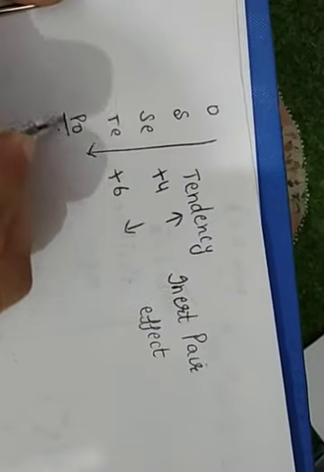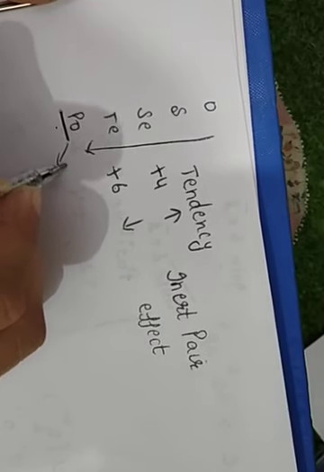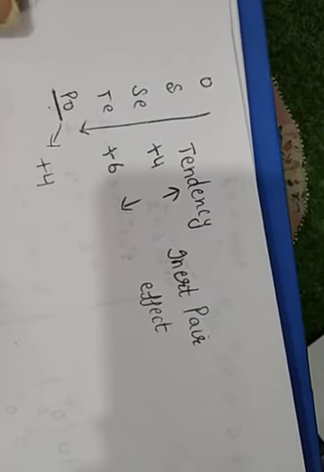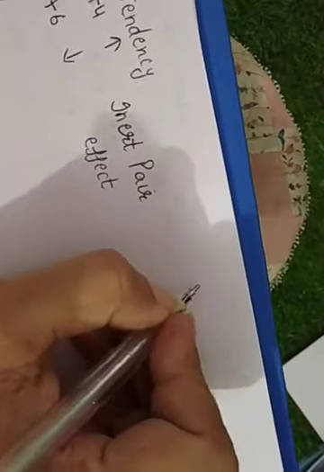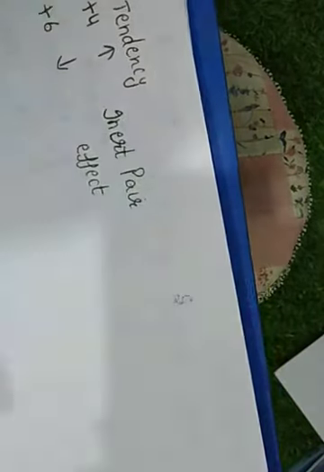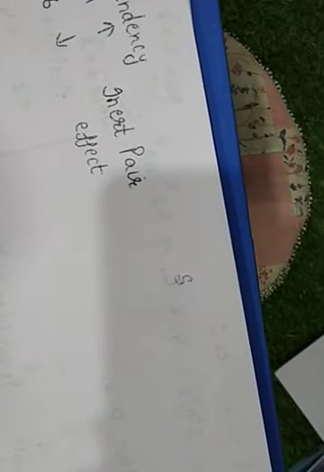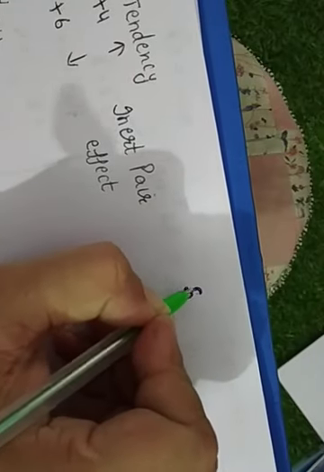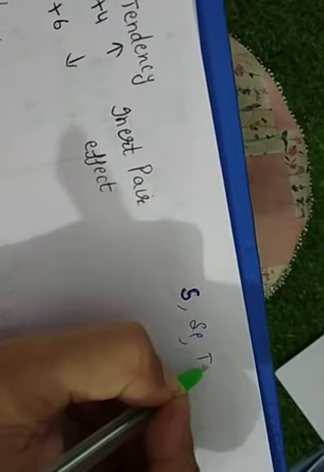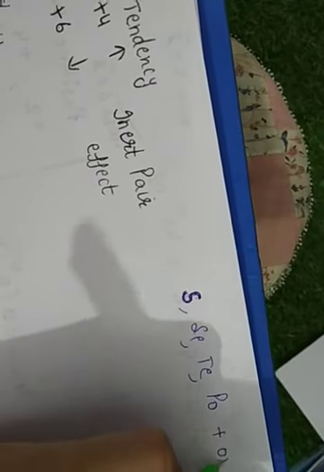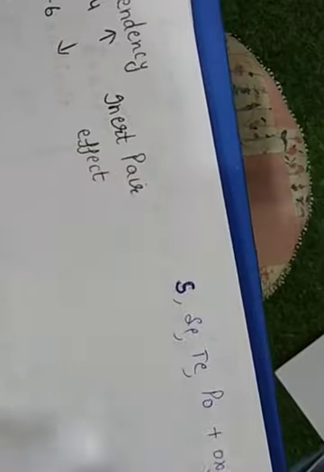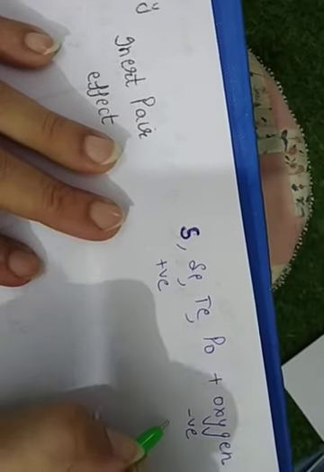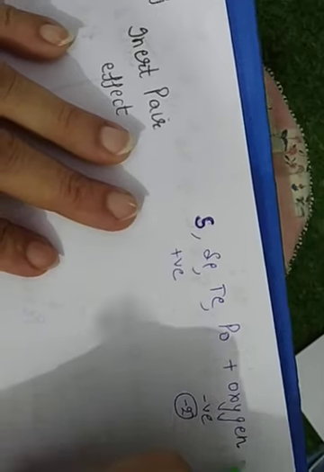So in the case of polonium, it only shows the +4 oxidation state. It does not show the +6 oxidation state. Okay. Now if we discuss the compounds of sulfur, selenium, tellurium, and polonium with oxygen, then they show a positive oxidation state, and oxygen shows a negative oxidation state of -2, isn't it?